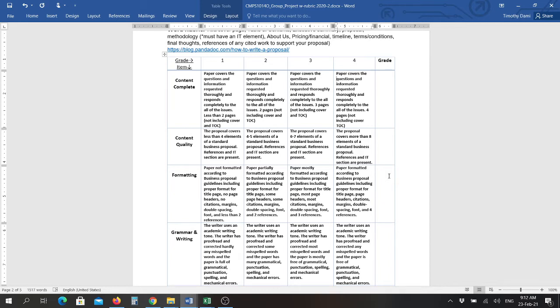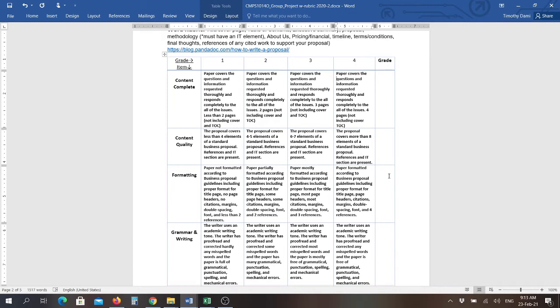So you're going to have charts and so forth. If you put them into your 4 pages, they should be very small so that they don't take up a lot of space, or you could put See Appendix 1, See Appendix 2, or indexes at the end of your business proposal.